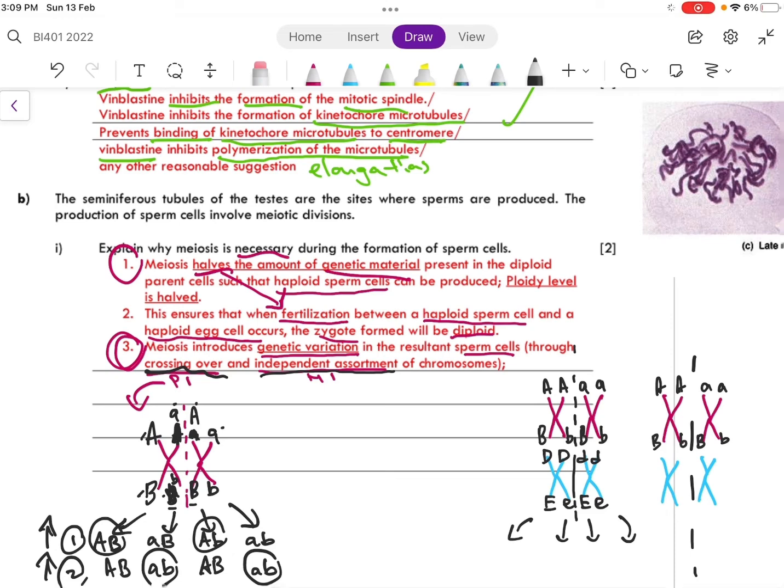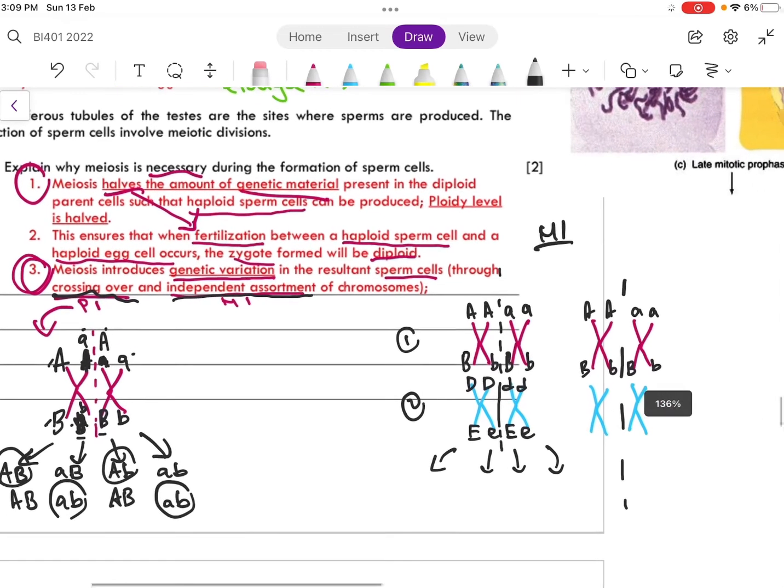What is independent assortment? Okay, so at metaphase 1, here I've drawn two pairs of homologous chromosomes. This is pair number 1, pair number 2, the red and the blue. We look over here. They've aligned themselves in this way, and if I were to go through to the end of meiosis, you'll find that one cell will have the combination of big A, big B, big D, big E. One cell will have big A, small b, big D, small e.